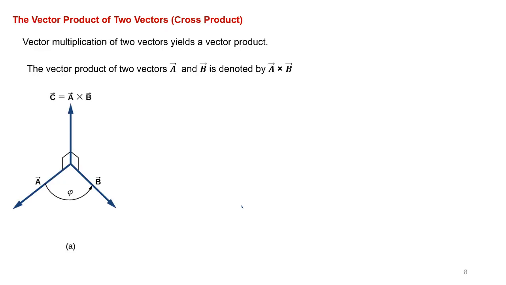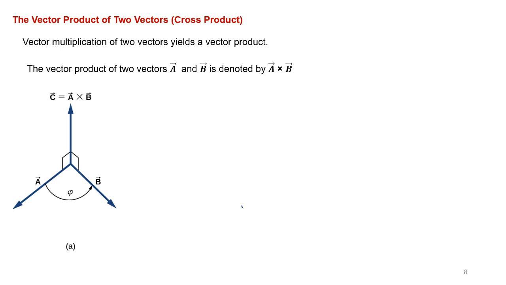Next one is called the cross product. Cross product is the second type. The difference from the scalar product is that when you do a cross product, you get a vector as a result. So here A is multiplied with B, A cross B. In the end, you get another vector C, which is perpendicular to A and perpendicular to B. Two vectors multiplied give a third vector perpendicular to both of them.